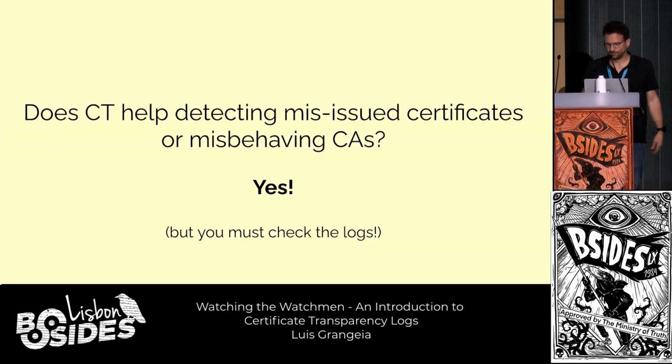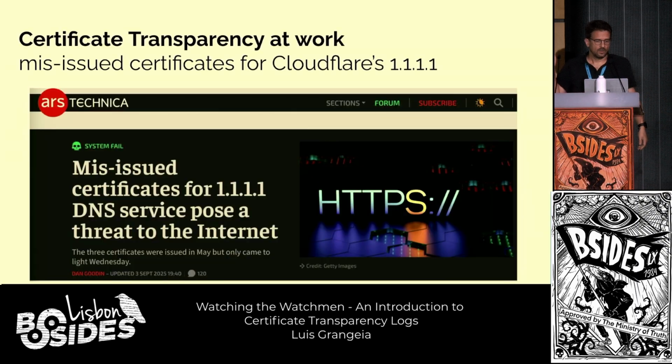Here's an example of certificate transparency working correctly. Cloudflare has a service, you probably used it, DNS over TLS. There's a bunch of services that sit on a very special IP address, 1.1.1.1.